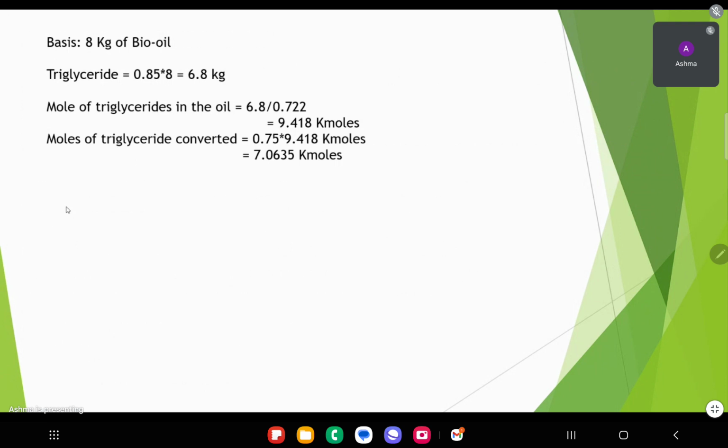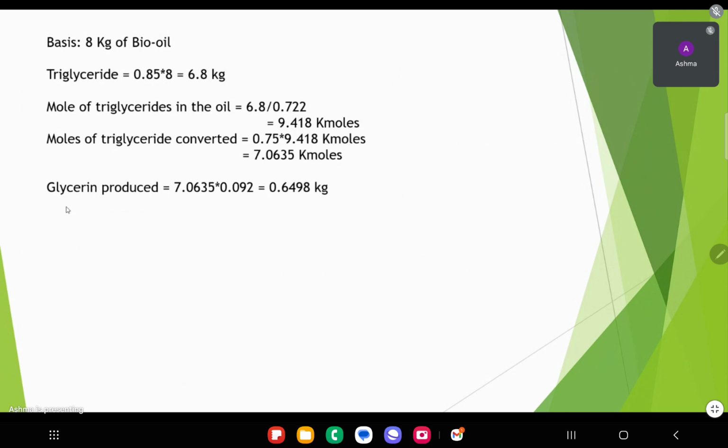Next, we have 75% conversion of triglyceride. So the moles of triglyceride converted will be 0.75 into 9.418, that will be 7.0635 kilomoles. And as per the transesterification reaction, 1 mole of triglyceride reacts with 1 mole of methanol to produce 1 mole of glycerol and 1 mole of bio oil.